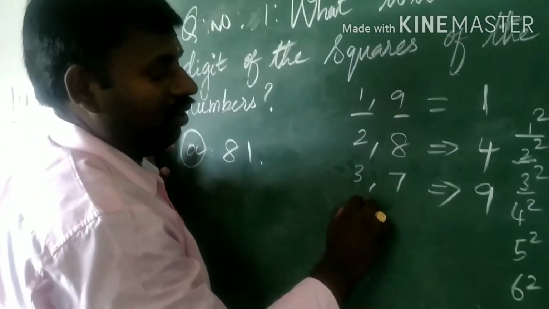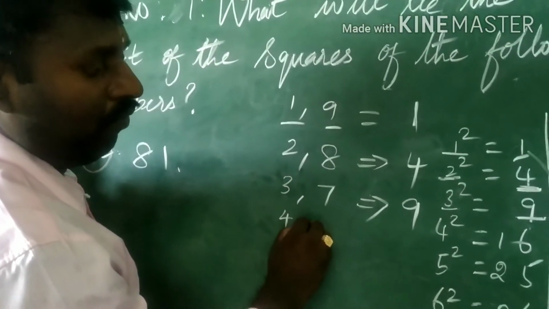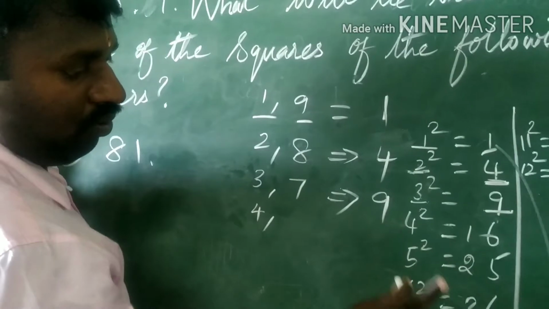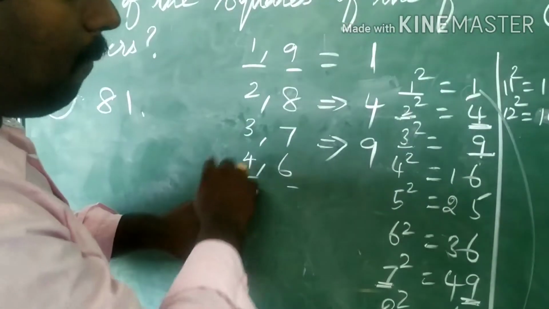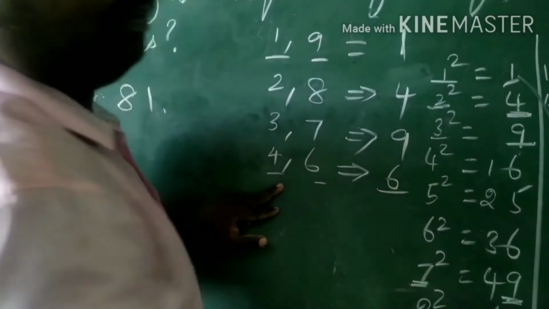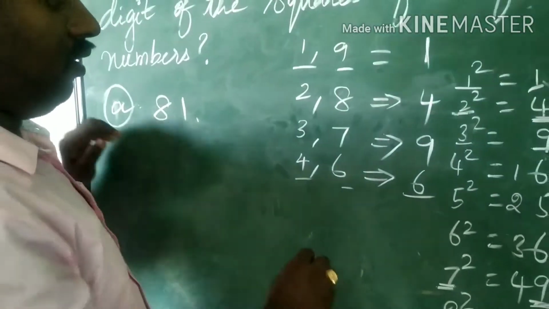Then if any number ends with 4 as well as 6, the square of that number always ends with 6. Then a number ending with 5 has a square ending with 5.